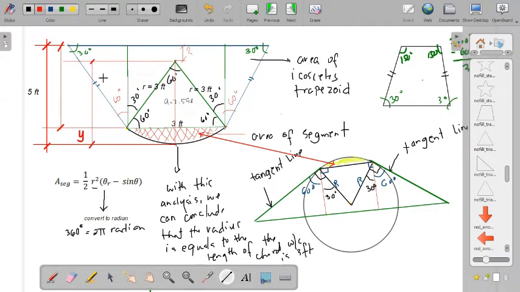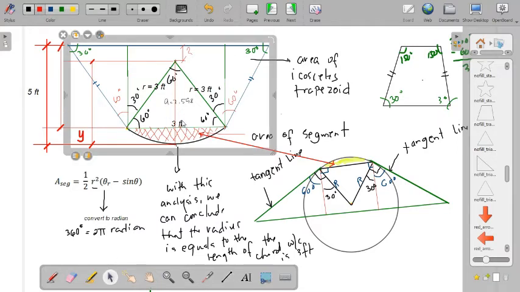Okay, mula dito sa point na to hanggang dito sa baba, yun yung ating 3 feet, no? 3 feet siya kasi yan ay ang ating radius.